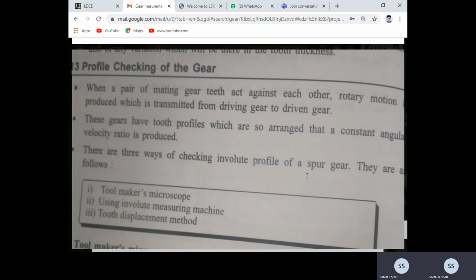And we know that whenever we measure the gear with the help of an instrument, it may produce many kinds of error like profile error, cyclic error, periodic error, run out, radial run out, axial run out, tooth alignment error, backlash, eccentricity, undulation, and in the same way, errors may be generated with the reproducing method and the generating method.